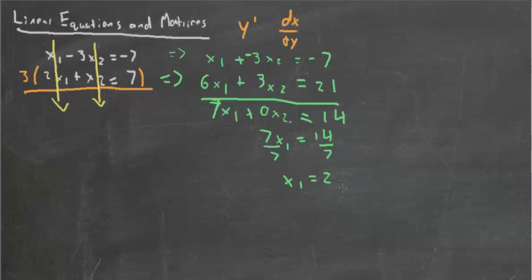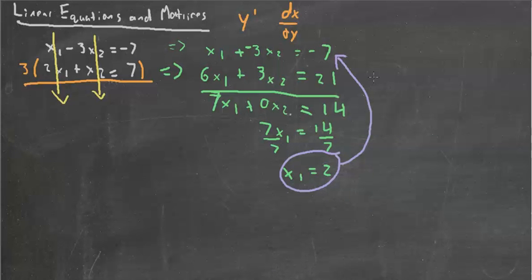So now we have x1, so what do we do about the rest? Well, we have to take our value for x1 and plug it back up into here. This is our first step.